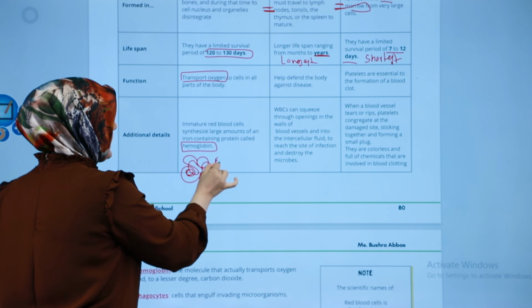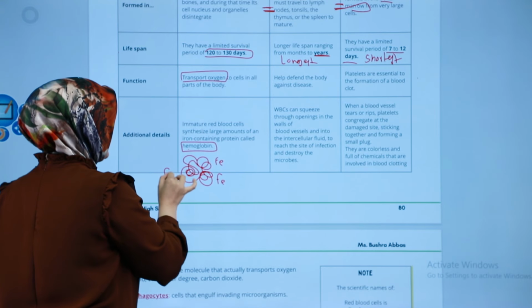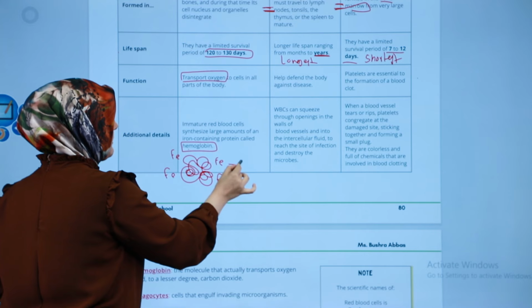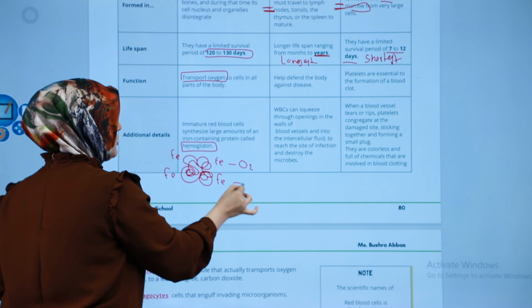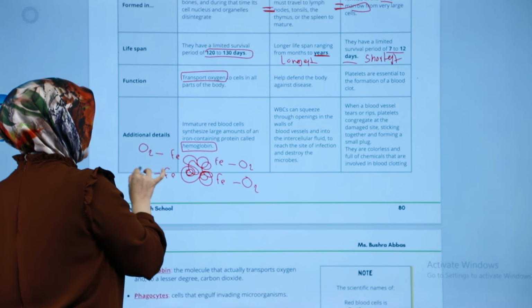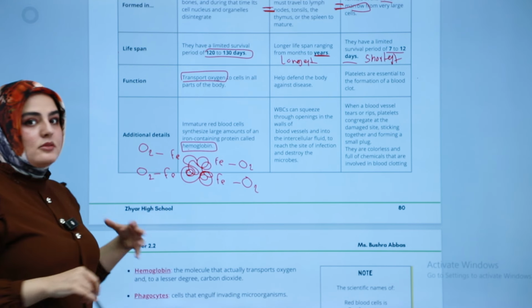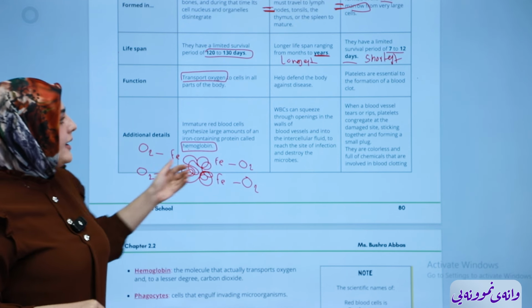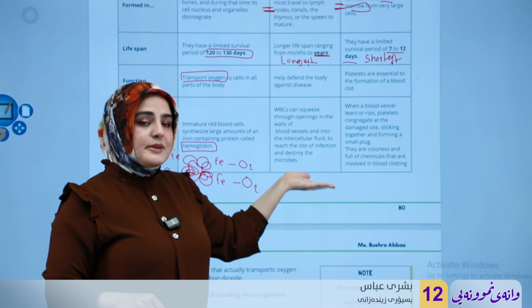Each area has an iron molecule, and each iron molecule, when oxidized, can carry 1 oxygen molecule. So 1 hemoglobin can carry about 4 molecules of oxygen. Don't forget about that.